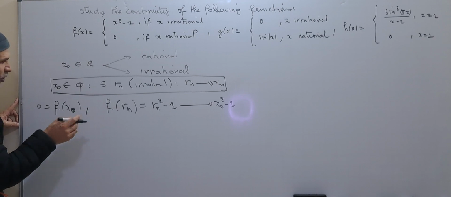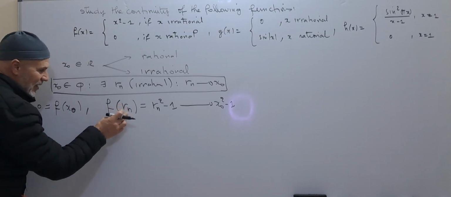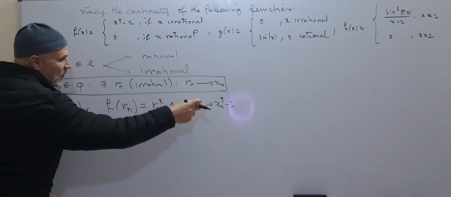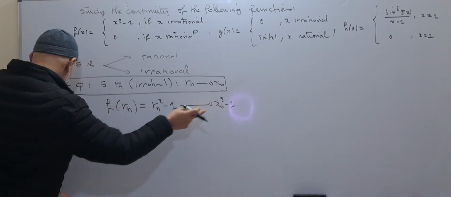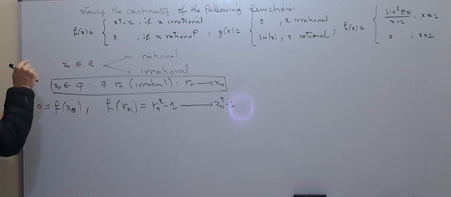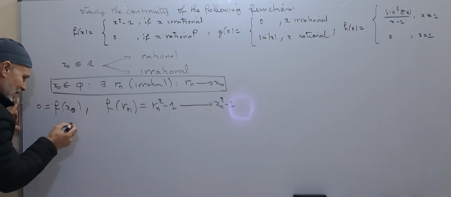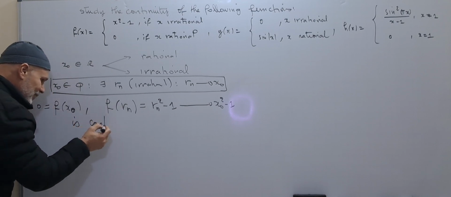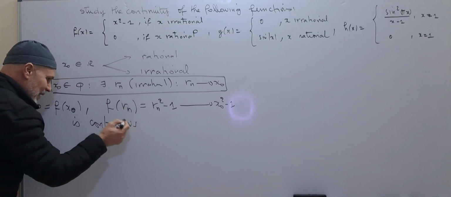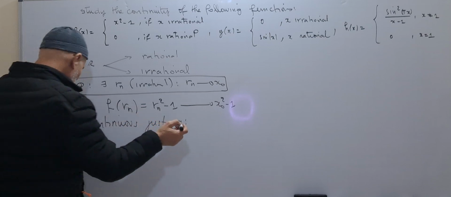What do we have? The limit of f of Rn converges to x0 squared minus 1, but f of x0 is equal to 0. So our function is continuous just on two points.